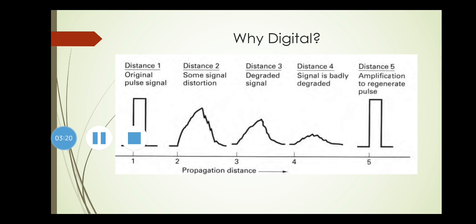We have one more advantage of digital communication, that is it is easier and more efficient to multiplex several digital signals. When I say several digital signals, I can multiplex a voice signal, I can multiplex a textual signal or a message signal, and then transmit that till it reaches the destination.